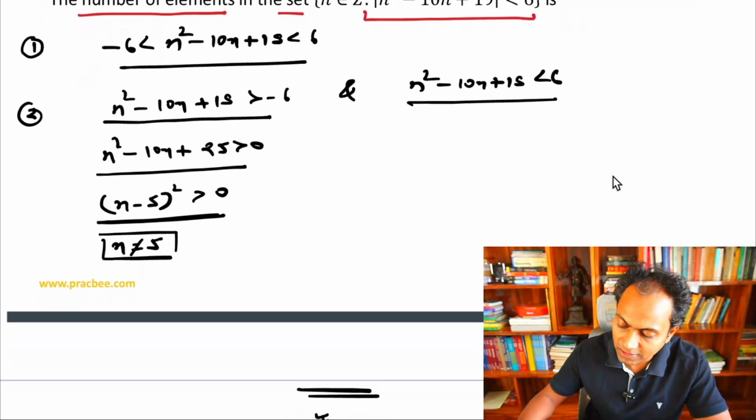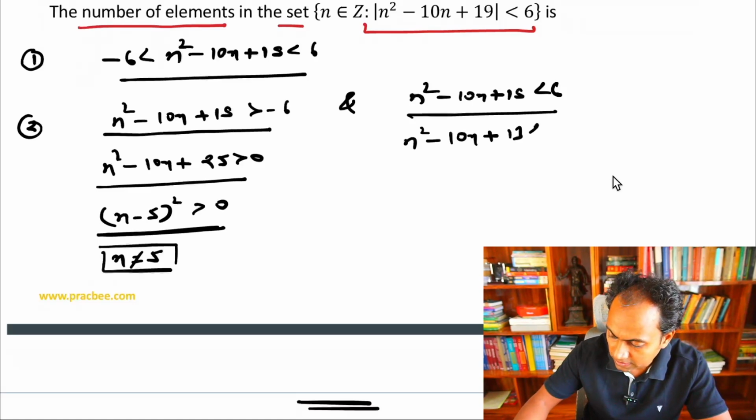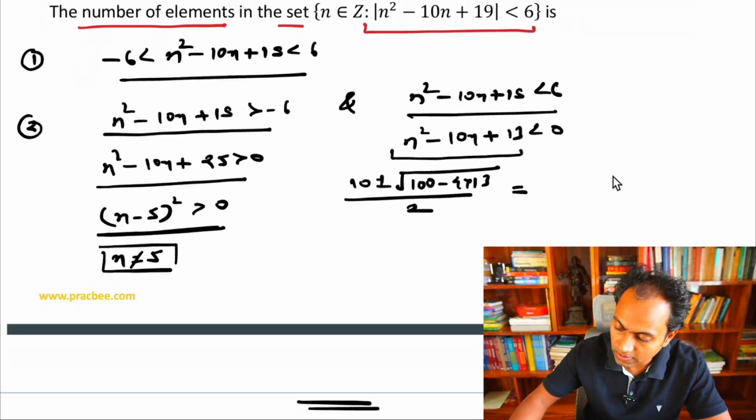If I solve the second part, let us see what we get from there. In the second part this will become n square minus 10n plus 13 is smaller than 0. If I solve this and get the roots, it will be 10 plus minus root of 100 minus 4 into 13 divided by 2, and this will become 5 plus minus root of 12.